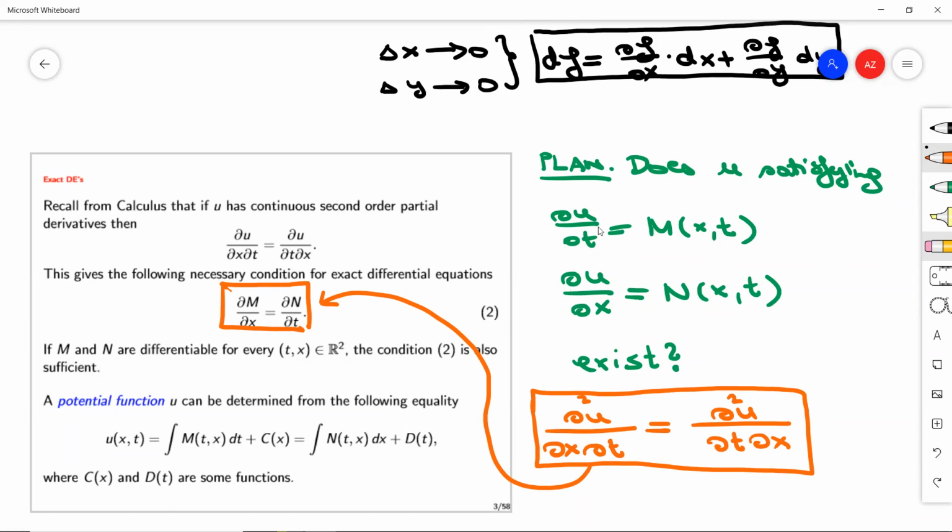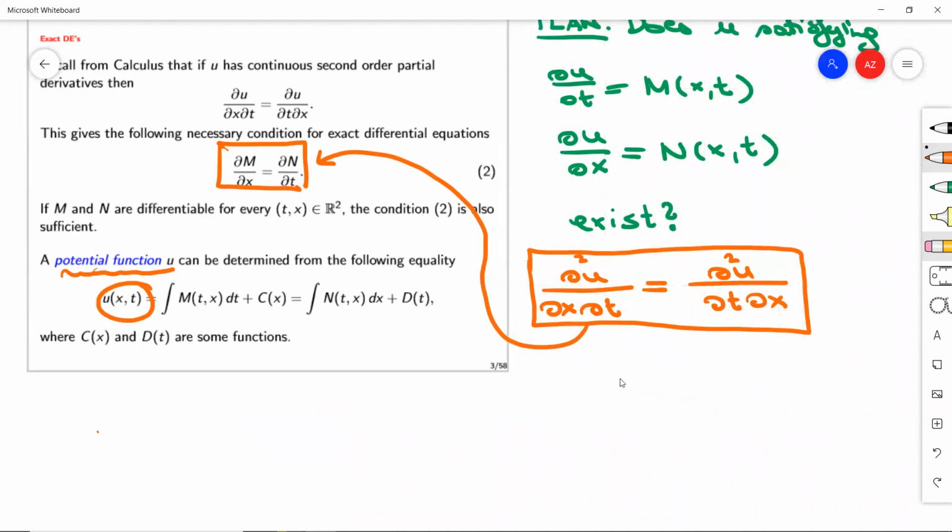Because if m is u_t, then u_tx is m_x, and if n is u_x, then n_t, the derivative of n with respect to t, should be u_xt. So if this condition is satisfied, then we know that function u exists. And how we get such u.